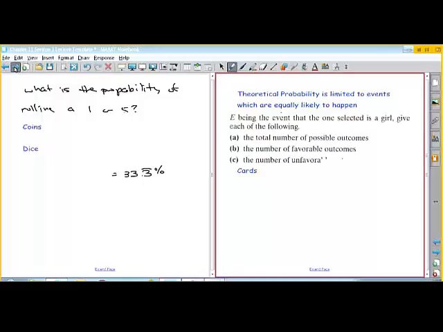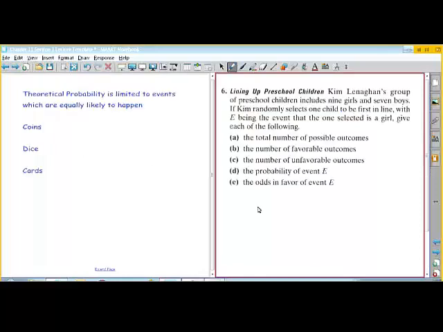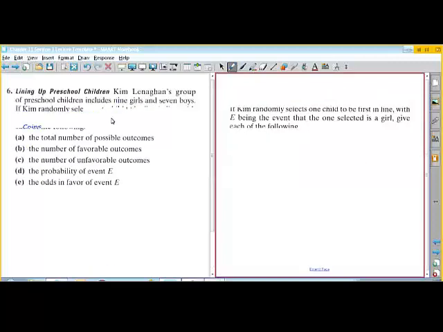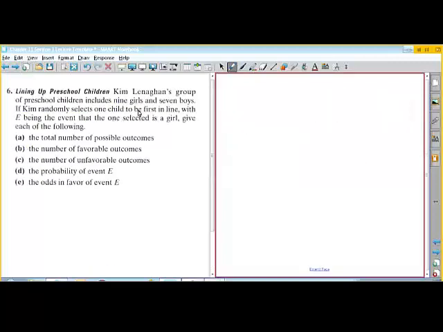Okay, so this is a simple example. It's very similar to what I put on the test, and similar to what I just talked about in class. It says there's a group of preschool children, including 9 girls and 7 boys. If Kim randomly selects one child to be first in line, with E being the event that the one selected is a girl, give each of the following.